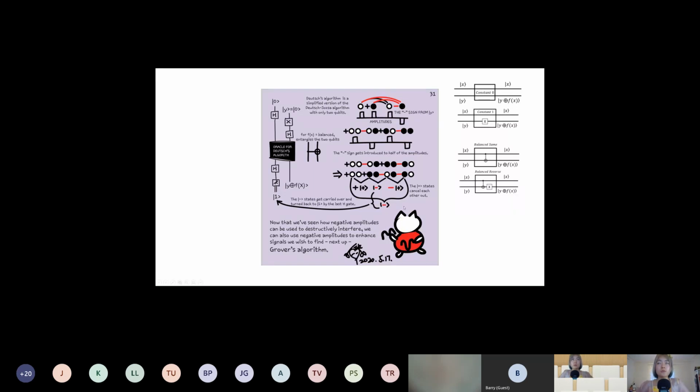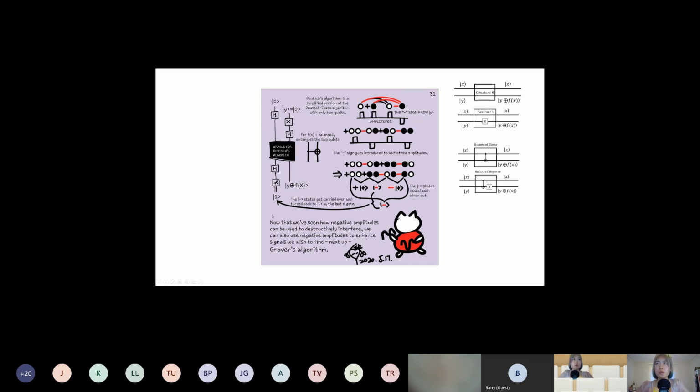Namely, when you introduce a negative sign, you can destructively interfere with some other states and reduce the probability of that state being in your measurement result. This is really useful if you use this interference behavior in your setup. You can extract information efficiently. So this is Deutsch's algorithm.